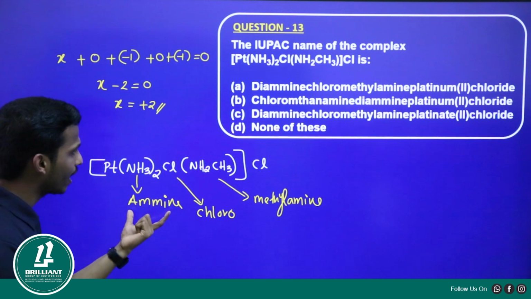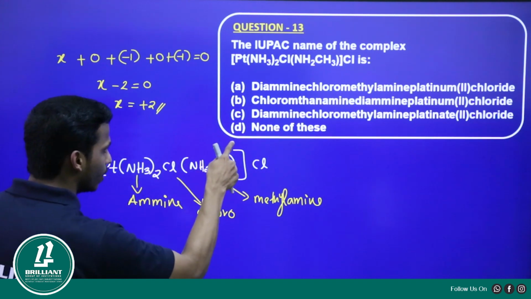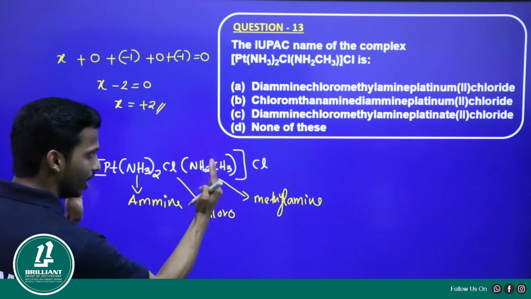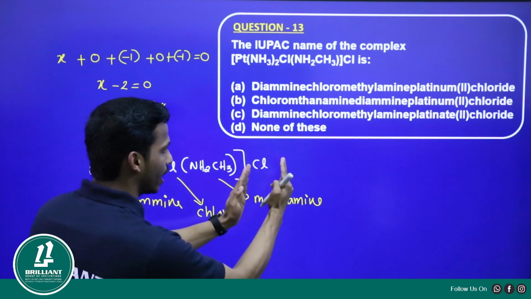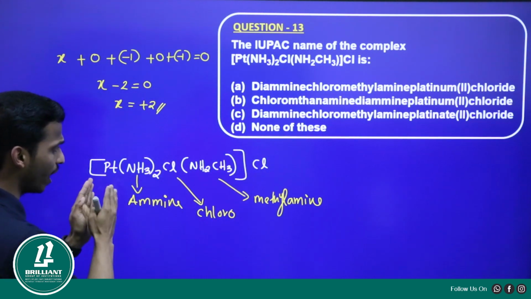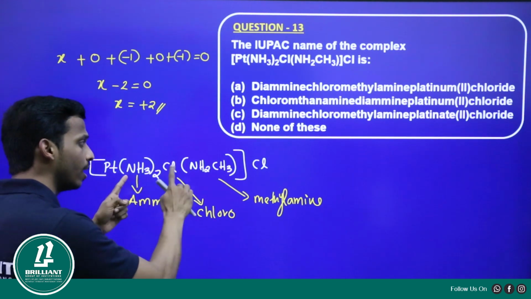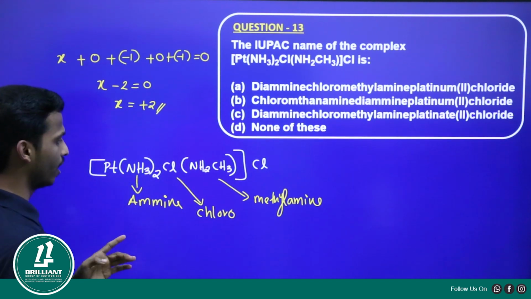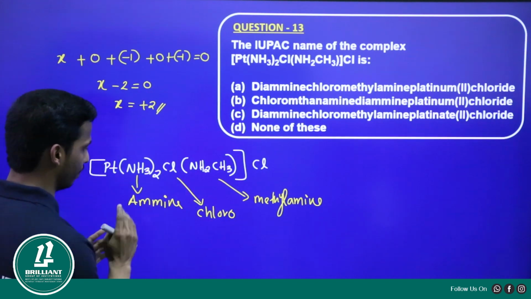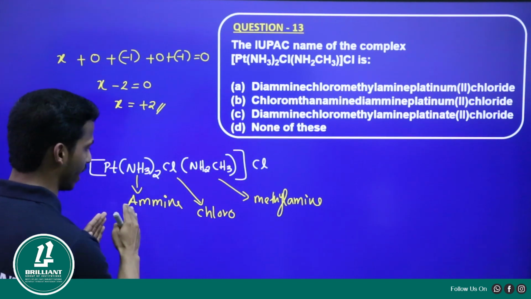Now see here, this coordination sphere is the initial part, the cationic part, and the counter ion is the anionic part. While naming a coordination sphere, you know very well, first write the ligands in alphabetical order. Amine, C, M, alphabetical, right?